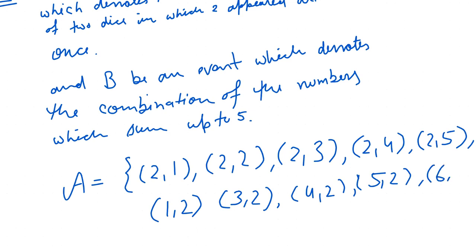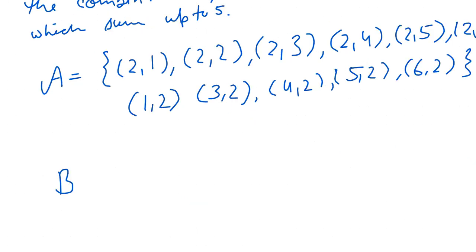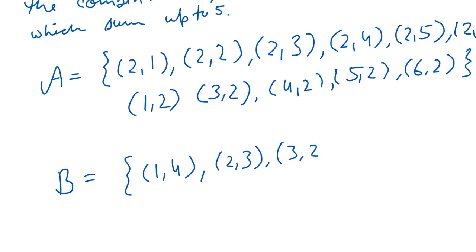Okay, and now let us take event B, where we have sum as 5: (1,4), (2,3), (3,2), and (4,1).